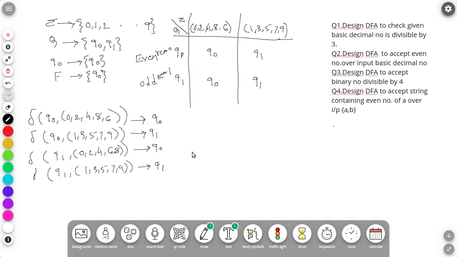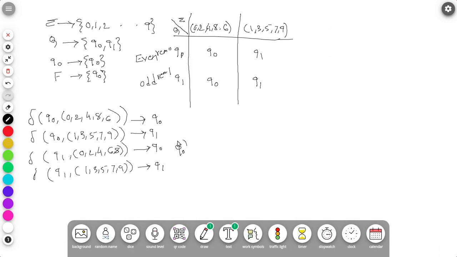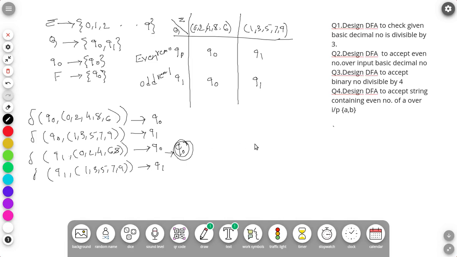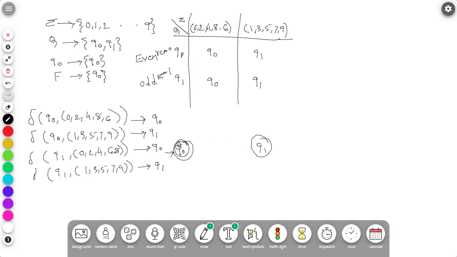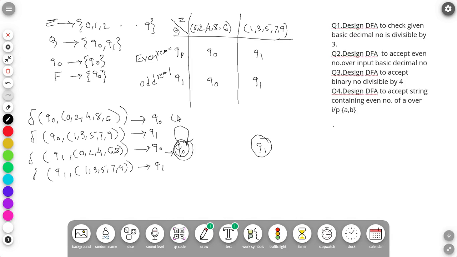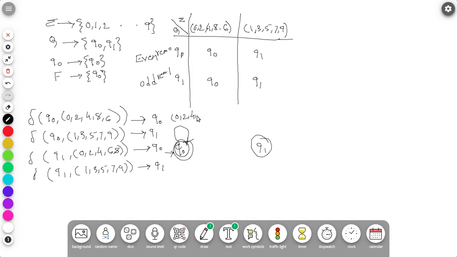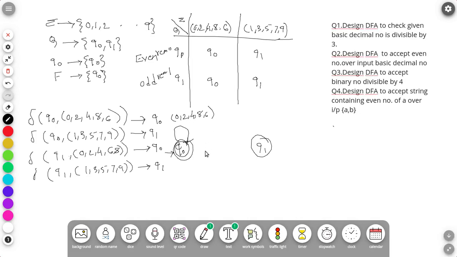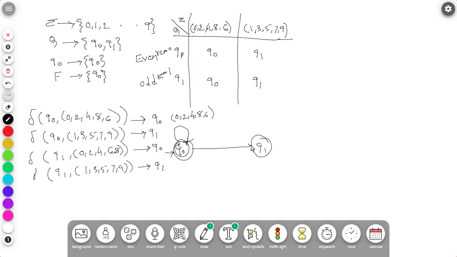Now I have to draw the state transition diagram. For that I require all the states. Here I have two states. One is Q0. Q0 is the initial state as well as the final state, so I'll double circle it. Another state is Q1. Q0 with input 0, 2, 4, 8 and 6 goes to Q0 itself. Q0 with 1, 3, 5, 7, 9 goes to Q1.